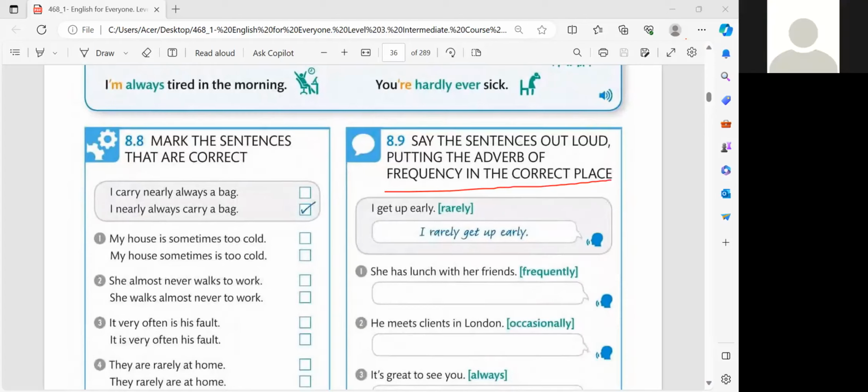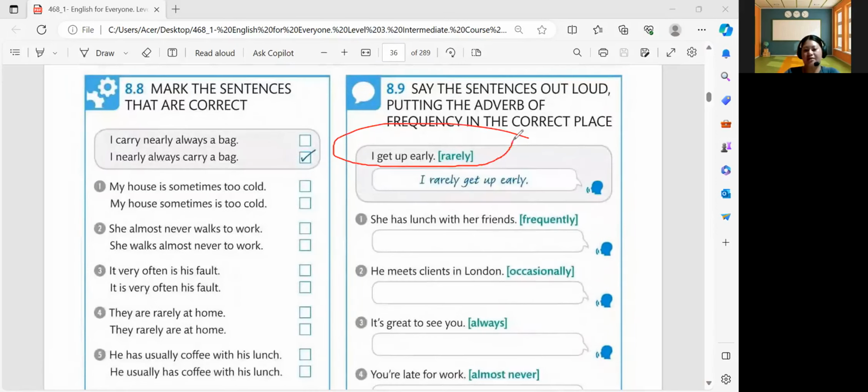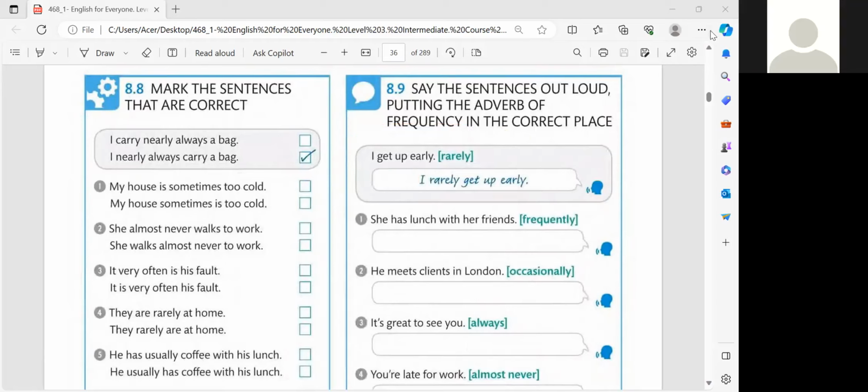So as you can see, we have an example. The sentence is, I get up early. So the answer is, I rarely get up early. Okay, understand? Yes. Okay, very good.